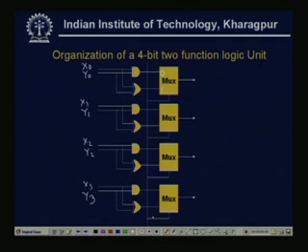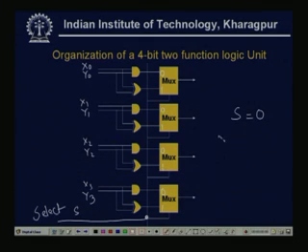Now, it has select lines S, similar to the muxes. If S equal to 0, the 0 input of the multiplexers will be selected, so x0 y0, x1 y1, x2 y2, x3 y3.